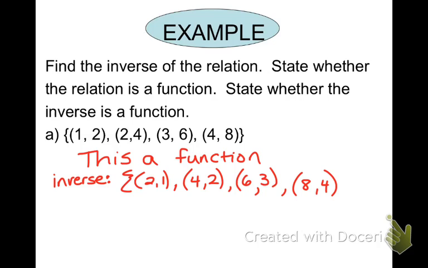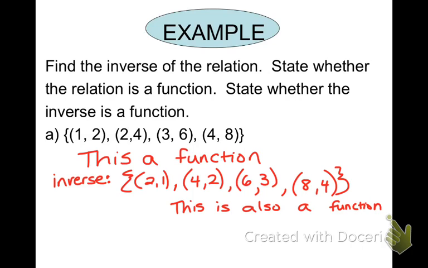Is the inverse of this function also a function? Yes, this is also a function. Can someone think of an ordered pair that I could add to the original relation to still keep it a function, but make the inverse not a function? (12, 8).